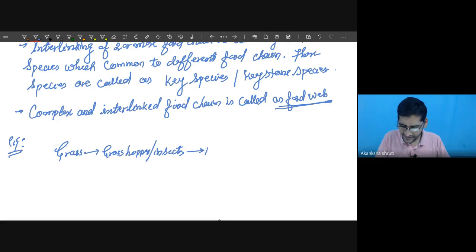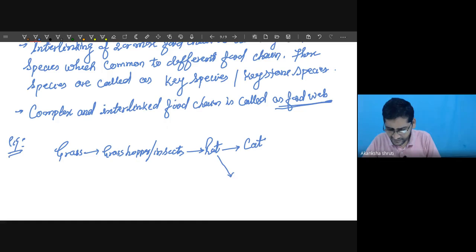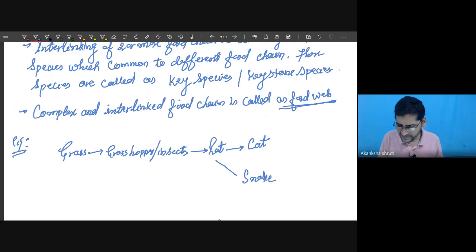Now these insects may be taken by rat, or this may be taken by some other insectivorous. This rat may be taken by cat, or this rat may be taken by whom? A snake. A snake also eats rat, no? Frog as well as a rat.